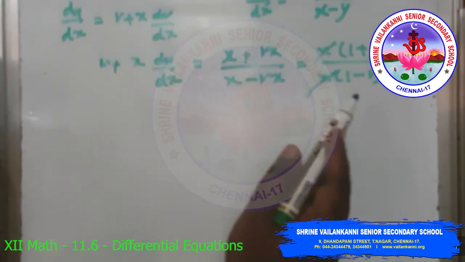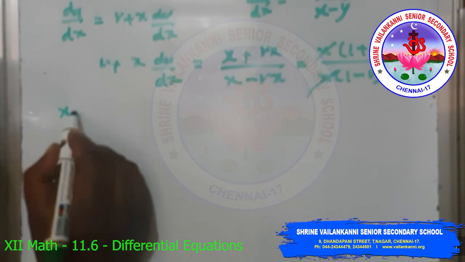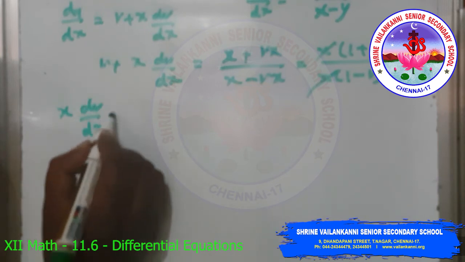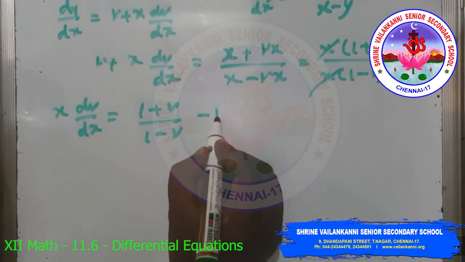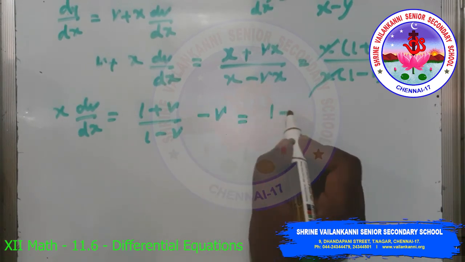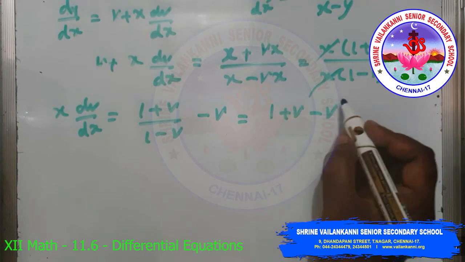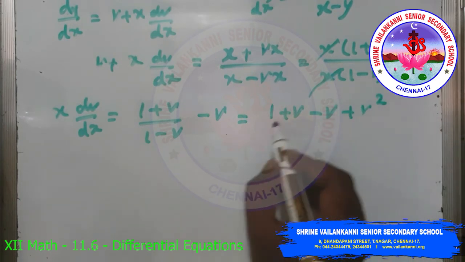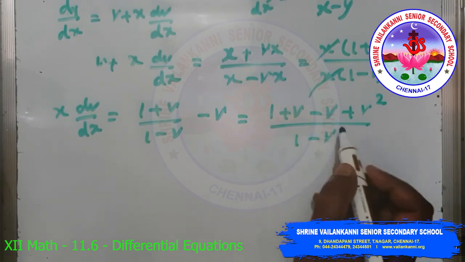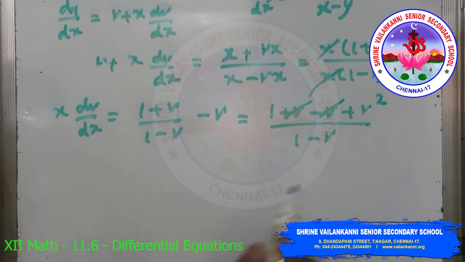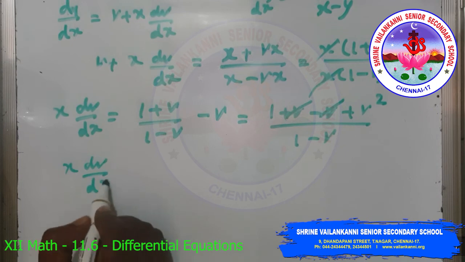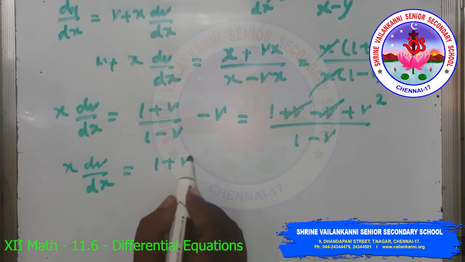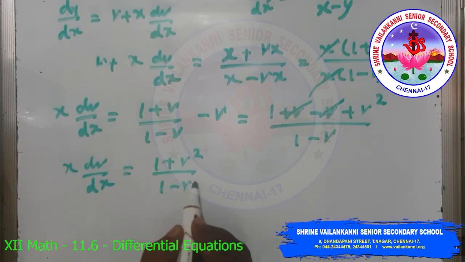So taking v to right hand side, so x into dv by dx, which is equal to 1 plus v by 1 minus v minus v. So taking LCM, we have 1 plus v minus v and plus v square whole by 1 minus v. So cancelling v, then we have x into dv by dx, which is equal to 1 plus v square by 1 minus v.